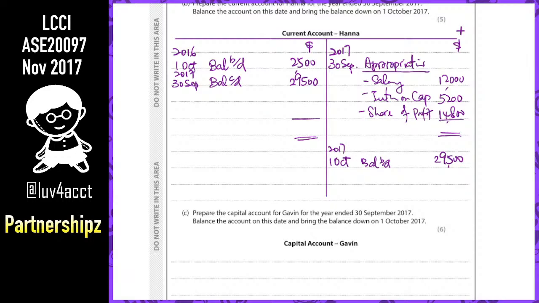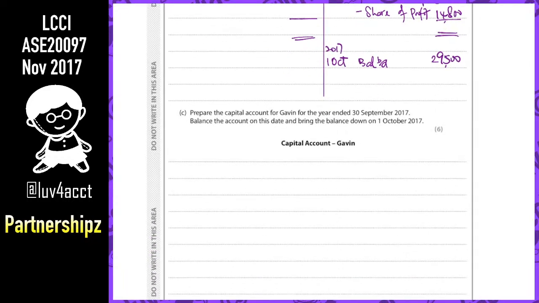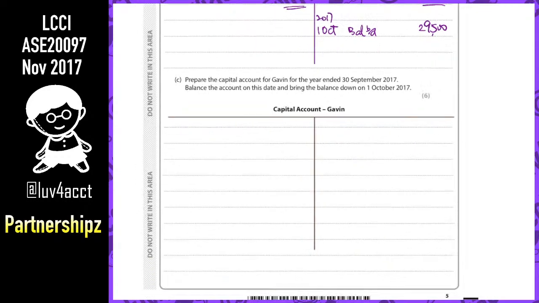Next we have the capital account of Gavin, which we have already calculated. Prepare a capital account on the 30th of September. So again, it starts at year 2016, 1st of October, with a balance brought down of 50,000.